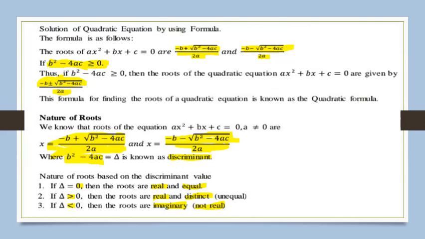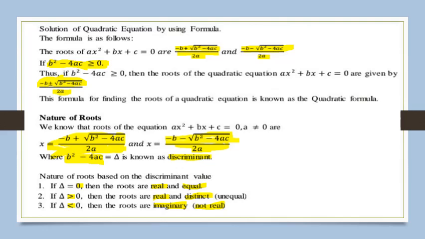Now how will you determine the nature of the roots using this formula? We know that the roots are given by this. Written individually, the first root is x = (−b + √(b² − 4ac)) / 2a, and the second root is x = (−b − √(b² − 4ac)) / 2a.